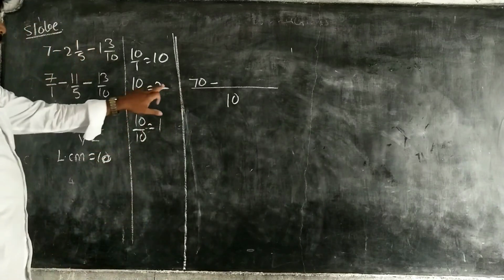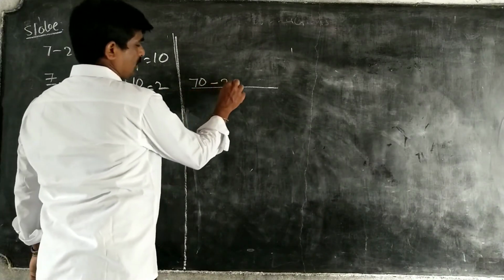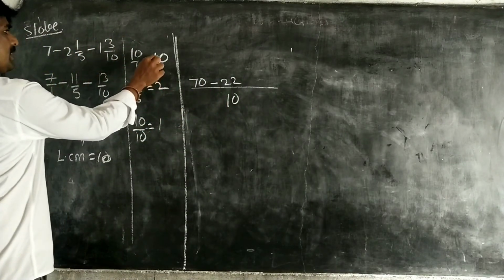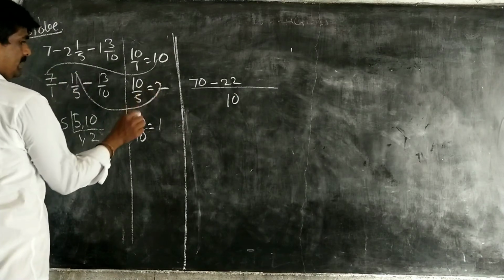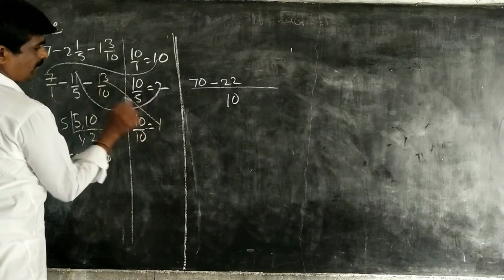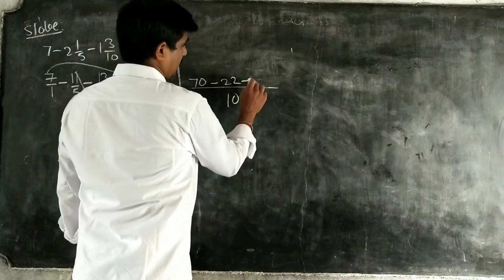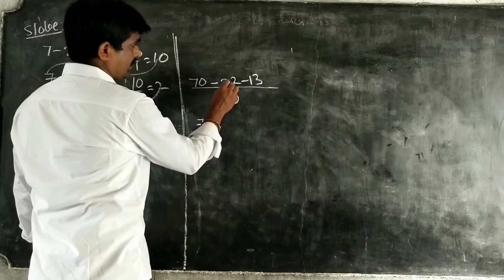Minus 2 11s are 22. 2 into 11, okay, for your understanding, right? Next 3 into 1. 13 ones are 13.